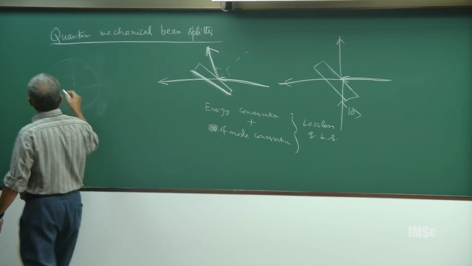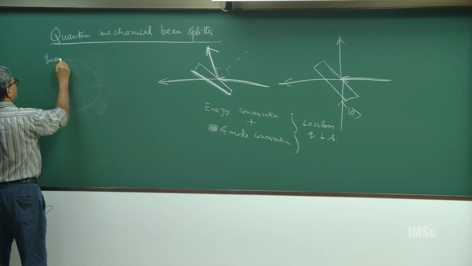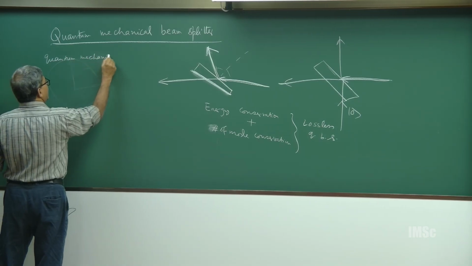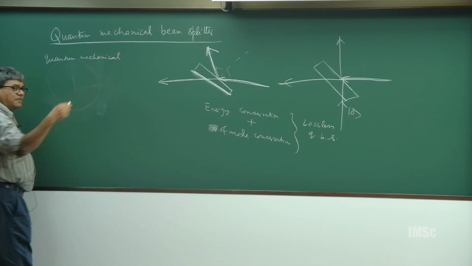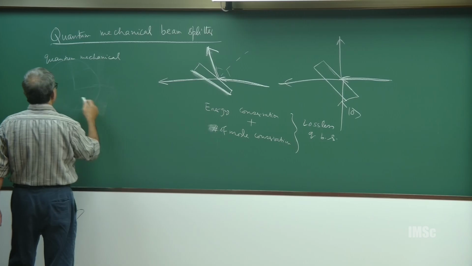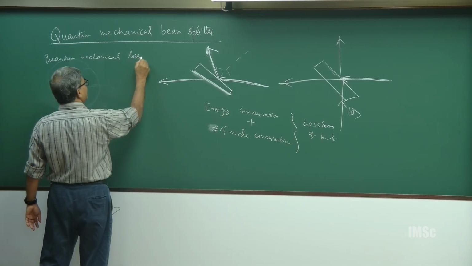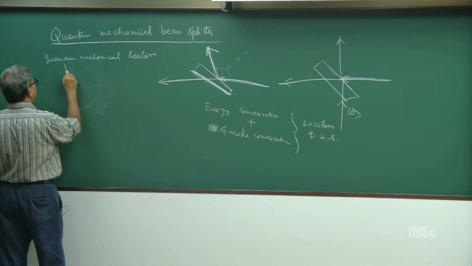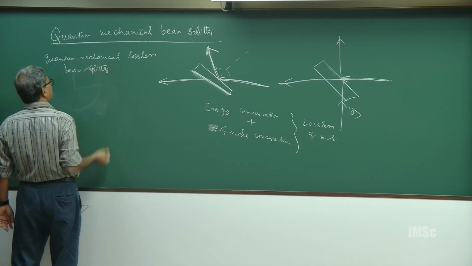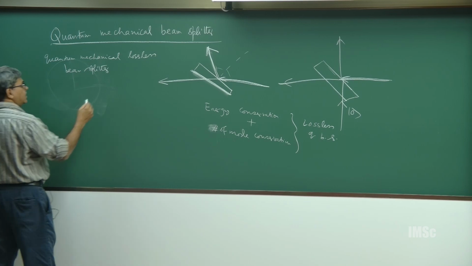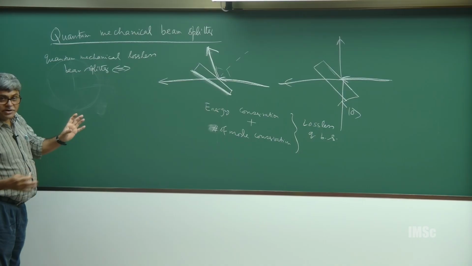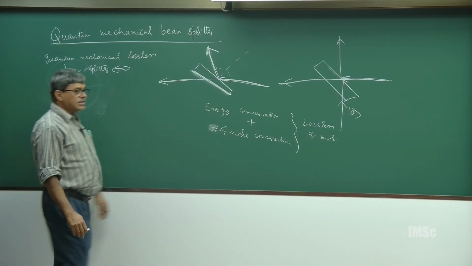So therefore, quantum mechanical, I mean one can of course describe a lossy beam splitter, but that will be more complicated. I'll talk about it later. Quantum mechanical lossless beam splitter. So this corresponds to basically a unitary transformation. Now, unitary transformation of what?